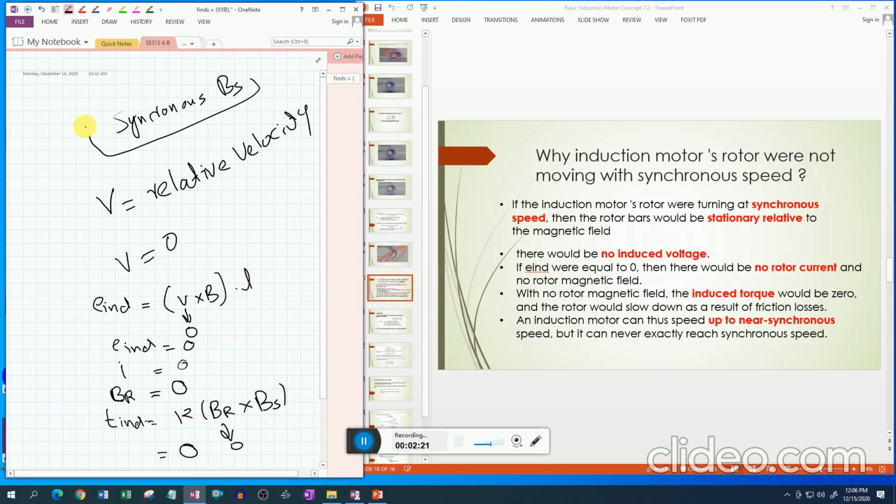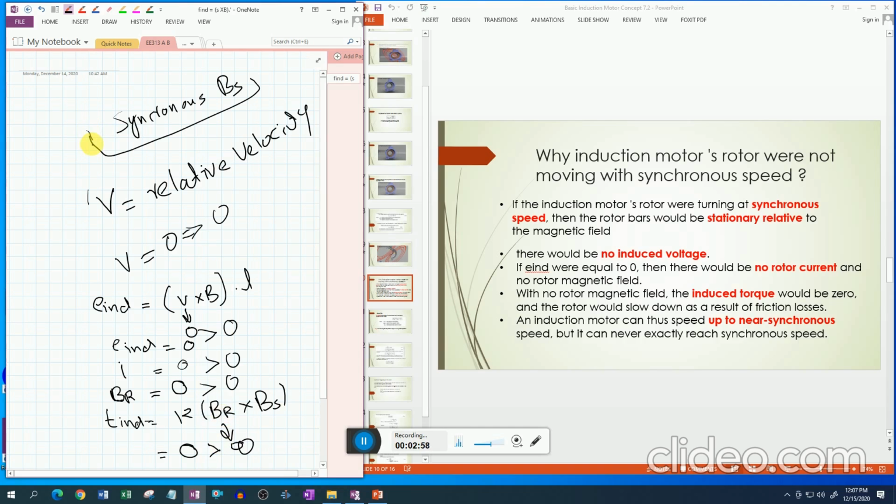So when the rotor speed becomes less than that of B_S, the relative velocity produced becomes greater than 0. When it becomes greater than 0, E induced becomes greater than 0, and then torque is also induced, and it will act. It will try to make the rotor achieve the synchronous speed.